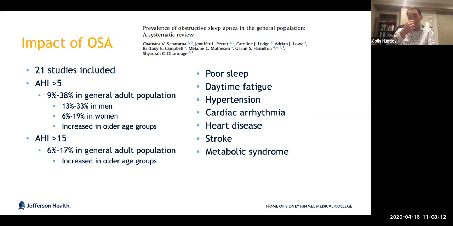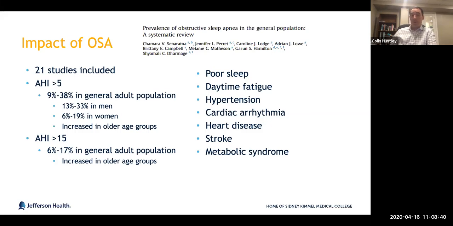Hypertension, some of the things we mentioned already, hypertension, cardiac arrhythmia, coronary artery disease, stroke, metabolic syndrome, and so forth. You see that risk increased in moderate and severe apnea. You don't necessarily see the same increase in risk in mild sleep apnea. So mild sleep apnea patients without comorbidities and who are not symptomatic don't necessarily require treatment or aggressive treatment for that matter.